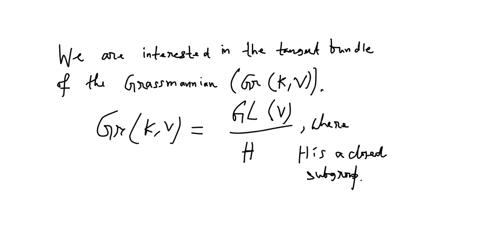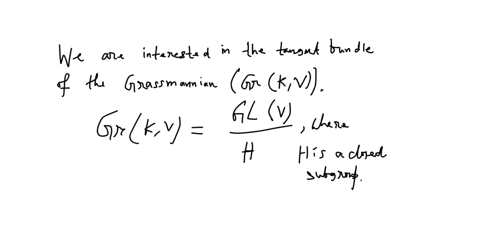So this can be realized as GL(V) modulo the stabilizer of some particular point, which is a closed subgroup of GL(V), and it is also a smooth manifold. Now we are interested in the tangent bundle of this space, GR(k,V).